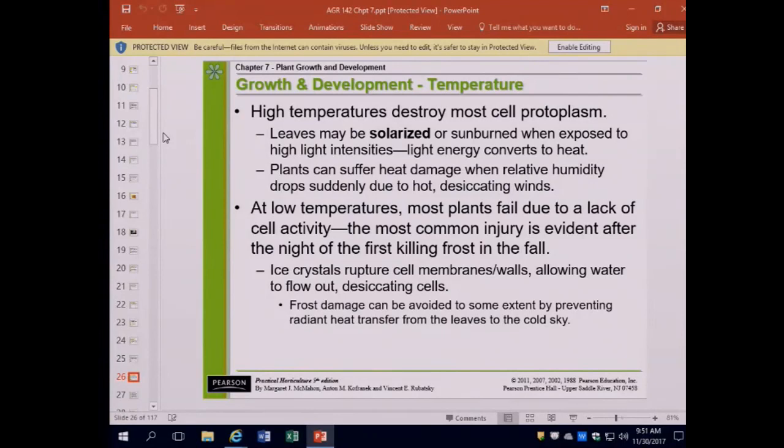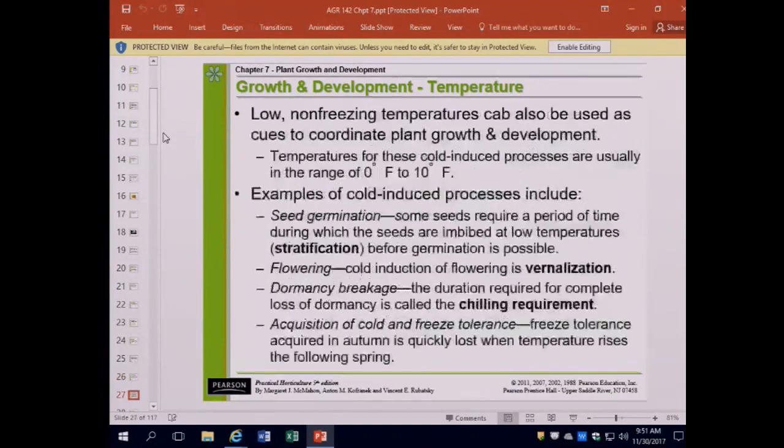If you were to get a warm week, that plant would begin to flower, and all the production would be killed. So chilling requirement is a sort of strange idea, but it's something that plant breeders use to make sure that plants are adapted to the area where they grow.